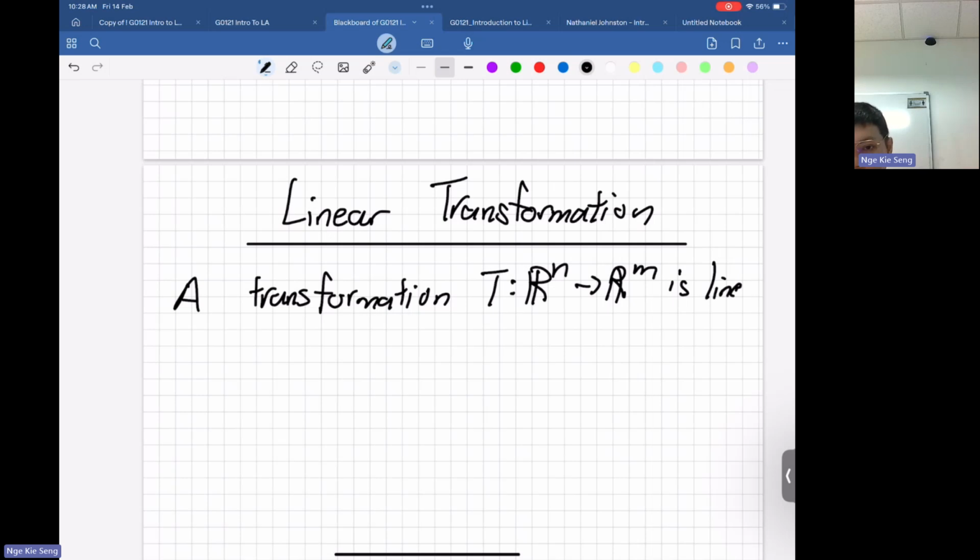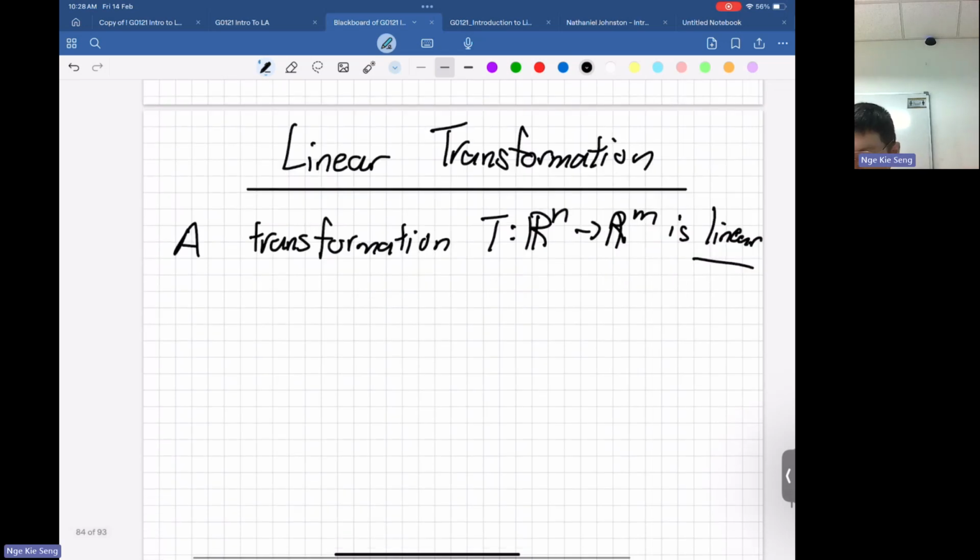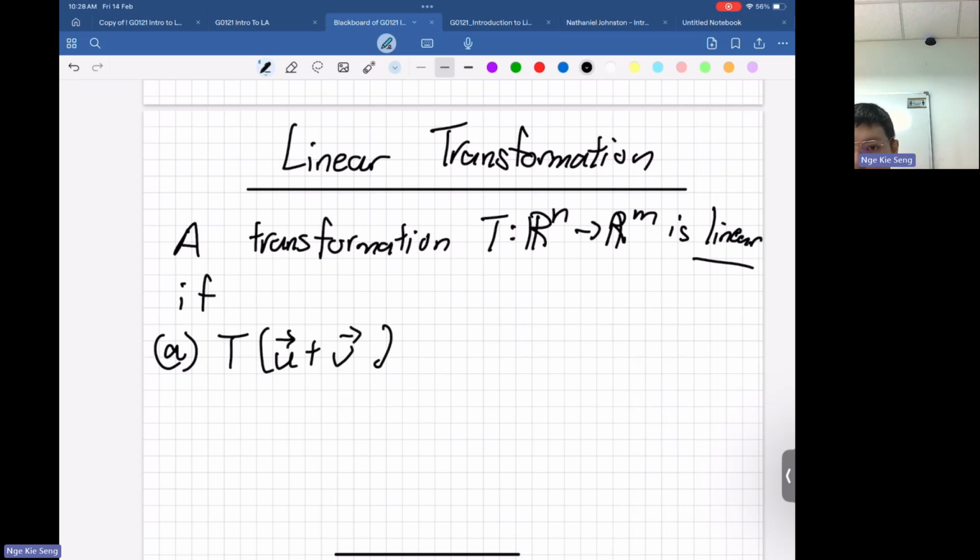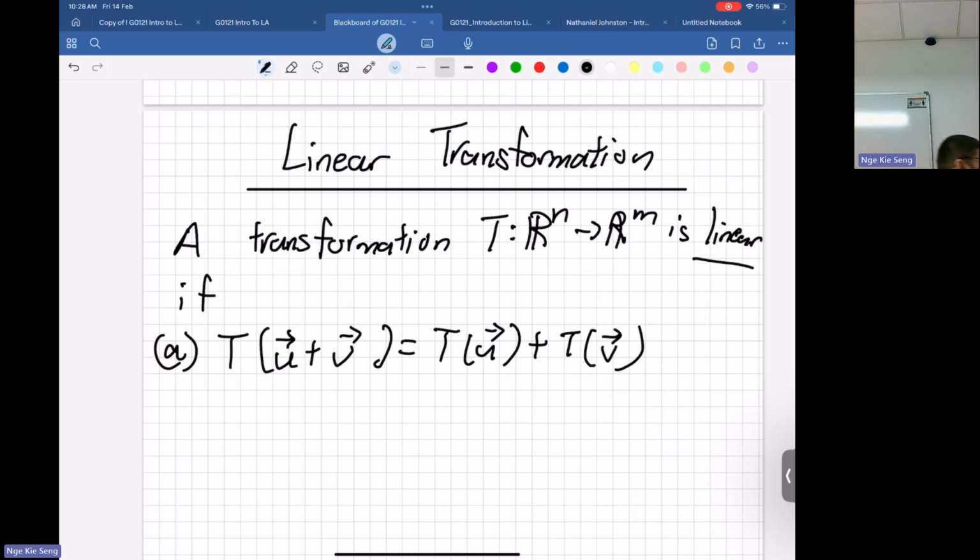It is linear if, first part, T of u plus v equals Tu plus Tv. Meaning you can split the vector sum. If you want to compute a linear transformation on the sum of vectors, you can compute on each of them first and then add them up.